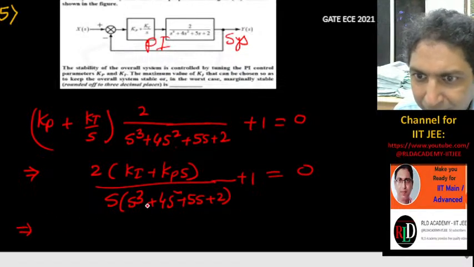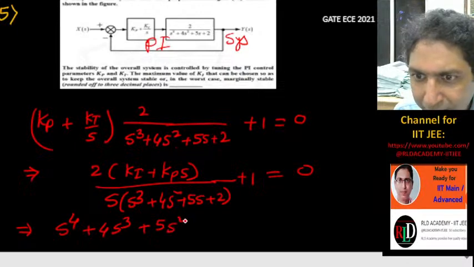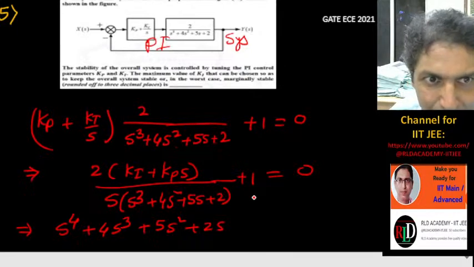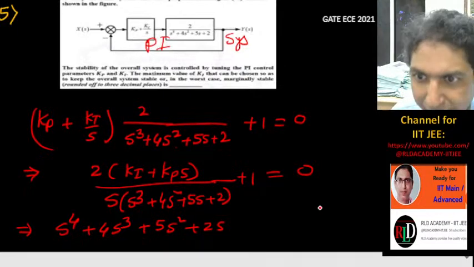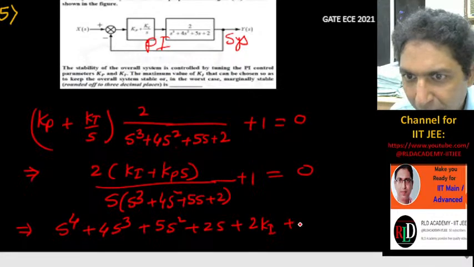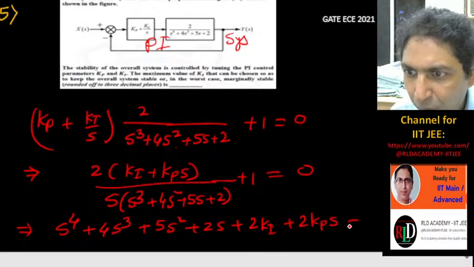This product I can write in this form: s to the power 4 plus 4s cube plus 5s square plus 2s, this denominator that I have written, plus the numerator 2Ki plus 2Kp into s, and that will be equal to 0.